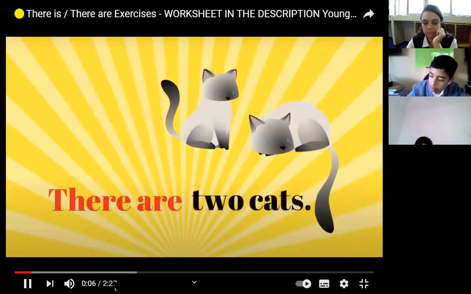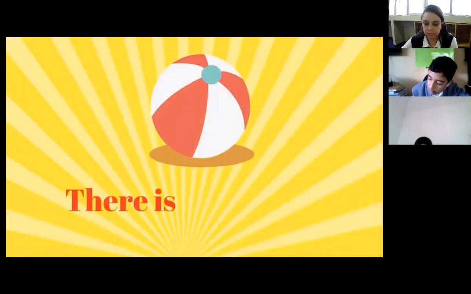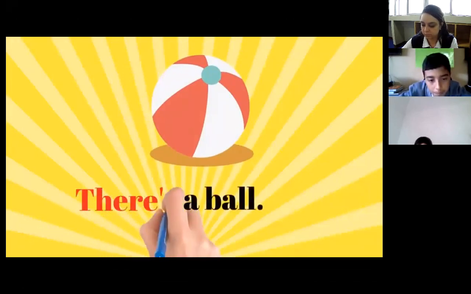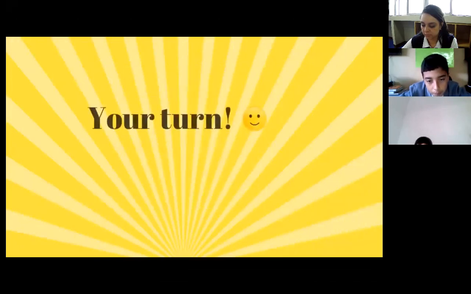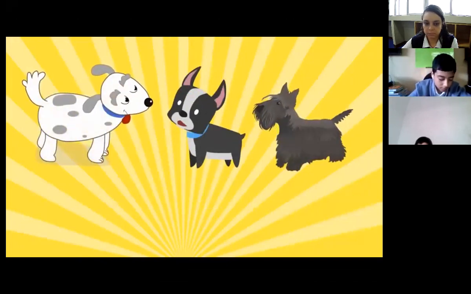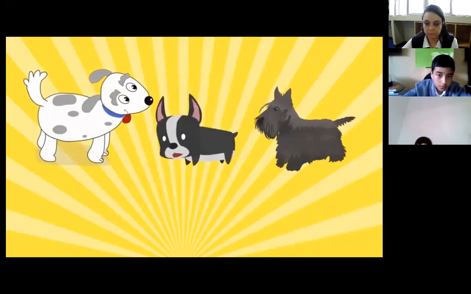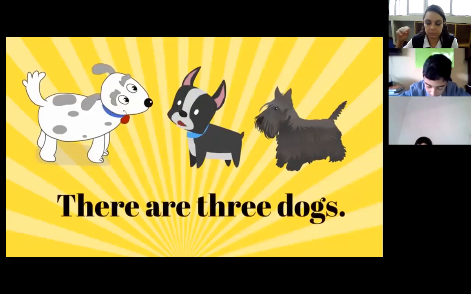There are 2 cats. There is a ball. There's a ball. Your turn. There are 3 dogs.